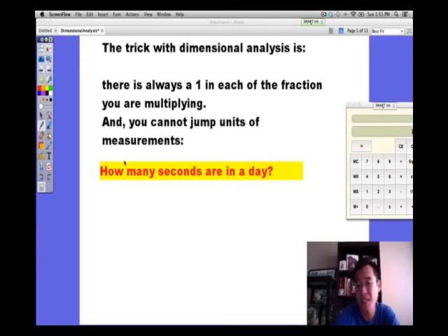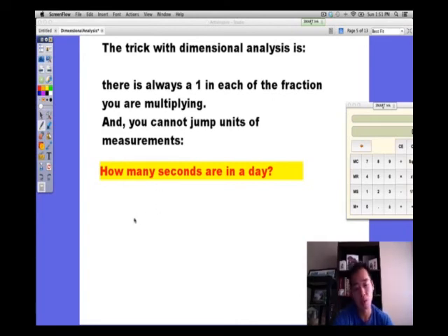So if you're going from inches to miles, you can't skip feet. Okay? If you're going from seconds to years, you have to go seconds, hours, days, and then year. Okay? Sometimes you can even go seconds, minutes, hours, days, weeks, and then year. It gets a little bit long at first, but the moment you catch on, it's going to go by really quick.